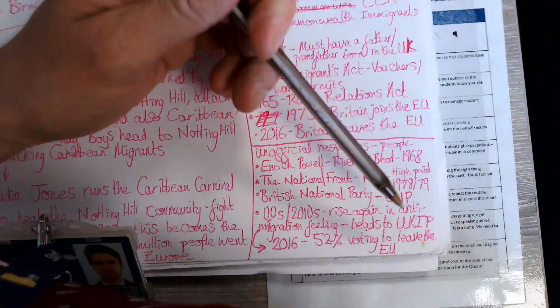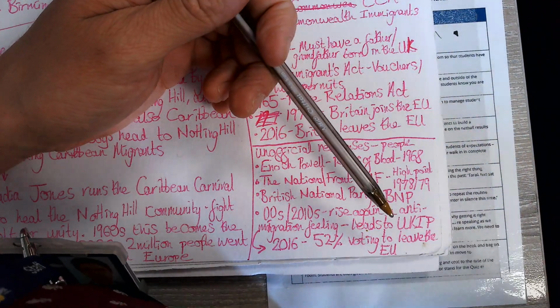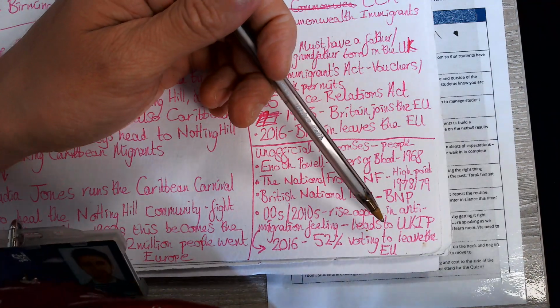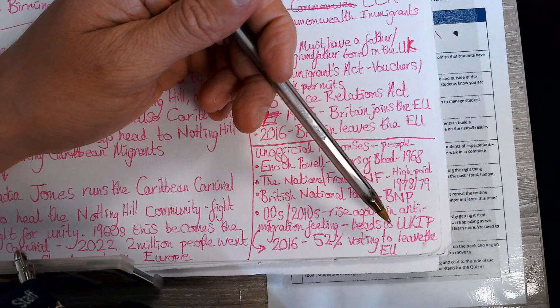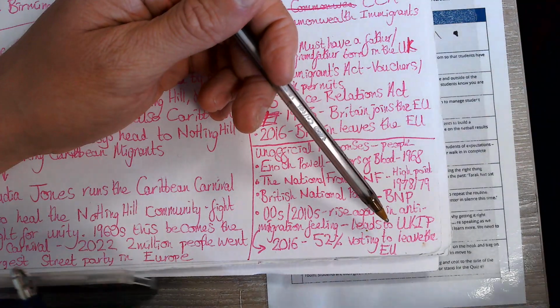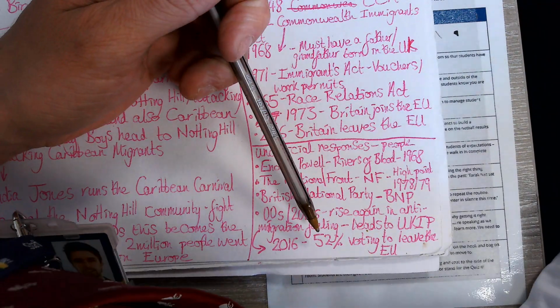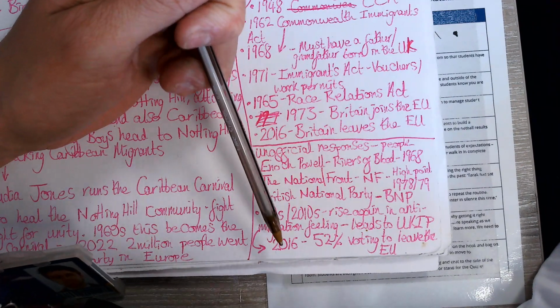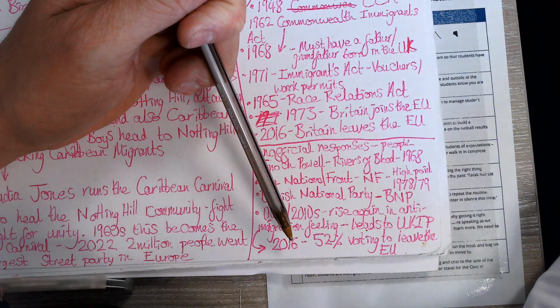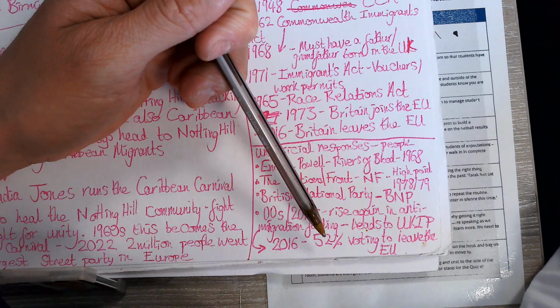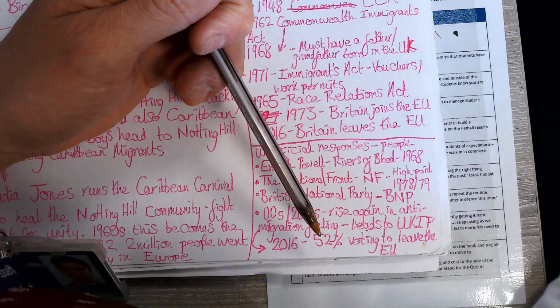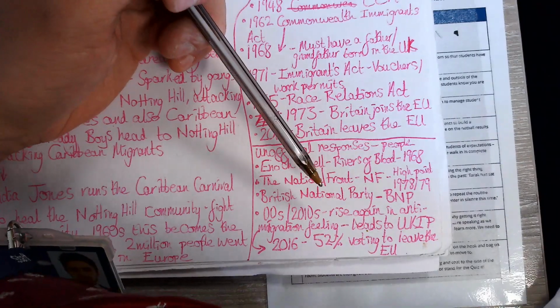Awash with hypocrisy, Year 11, nonetheless, the UK Independence Party campaign against migration in the UK. And they did speak for a lot of people and a lot of people's feelings in the UK, which of course leads to the Brexit vote in 2016, when 52% of the British public vote to leave the EU, and Britain thereafter, of course, leaves the EU.